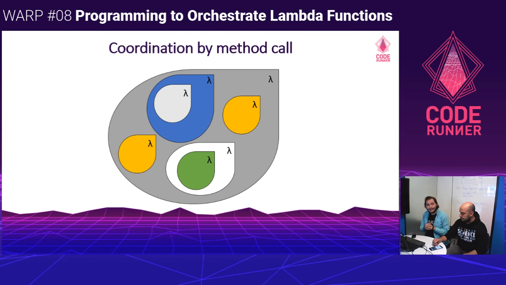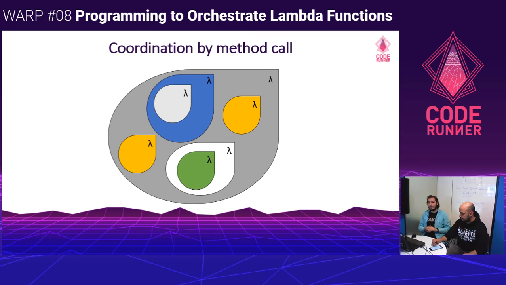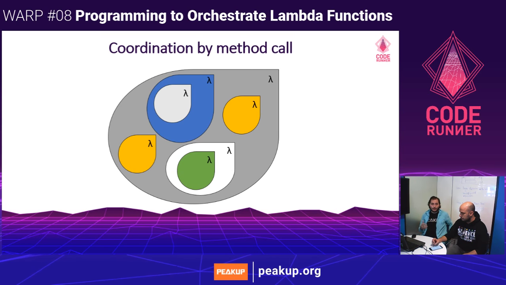So how do we coordinate our functions? As I said before, there are a couple of ways to run your code and have them run separately and consecutively. One of them is the method call.